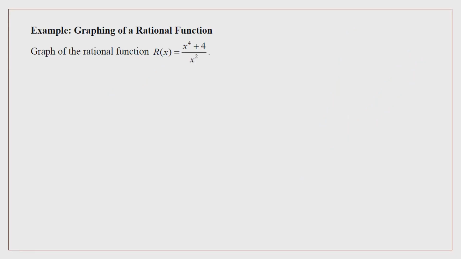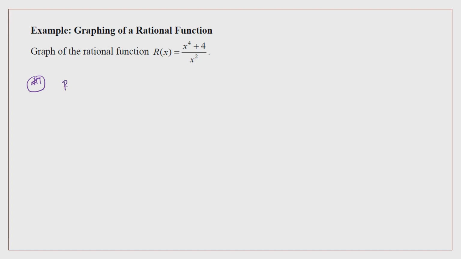Okay, next we are asked to graph this rational function, x to the fourth plus 4 divided by x squared, going through the same 7 steps that we did in our last problem. All right, so step number 1, we're going to factor the numerator and denominator and then also find our domain.